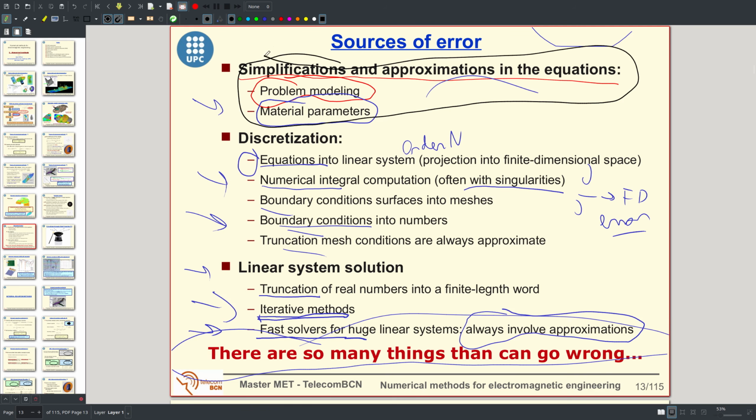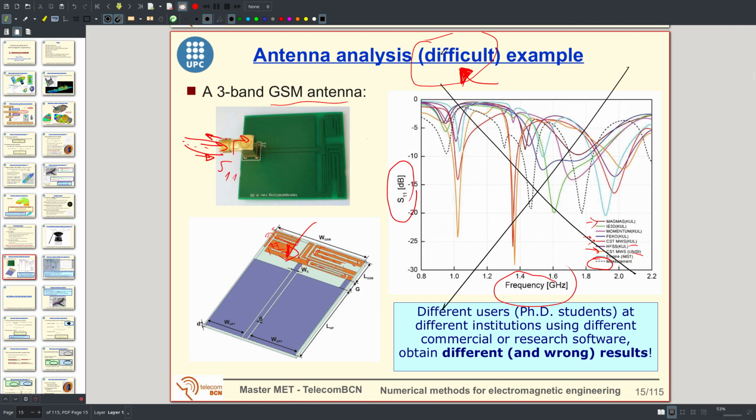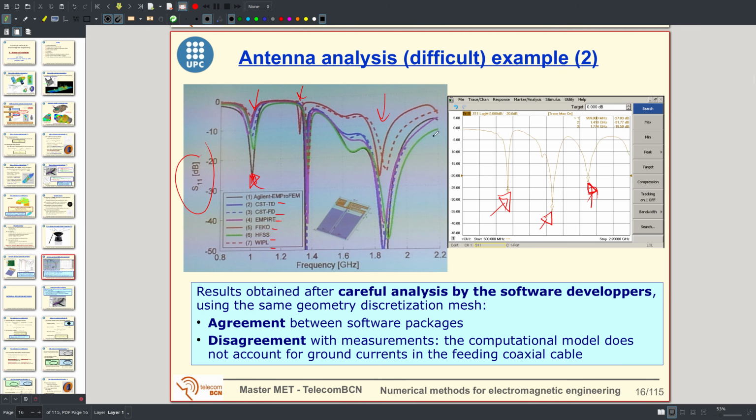Here you neglect the currents on the outer conductor of the coaxial feeding line. You don't model this, you only model this. So this is an approximation, and this approximation produces a miscomputation of the resonant frequencies, which are not exactly equal to the ones that are measured.